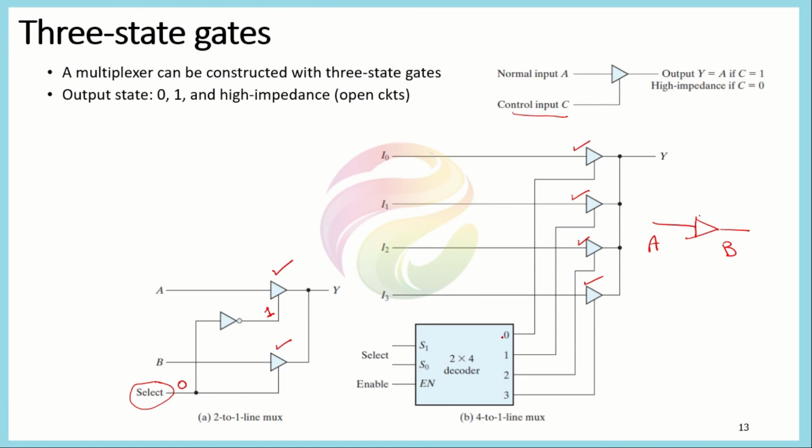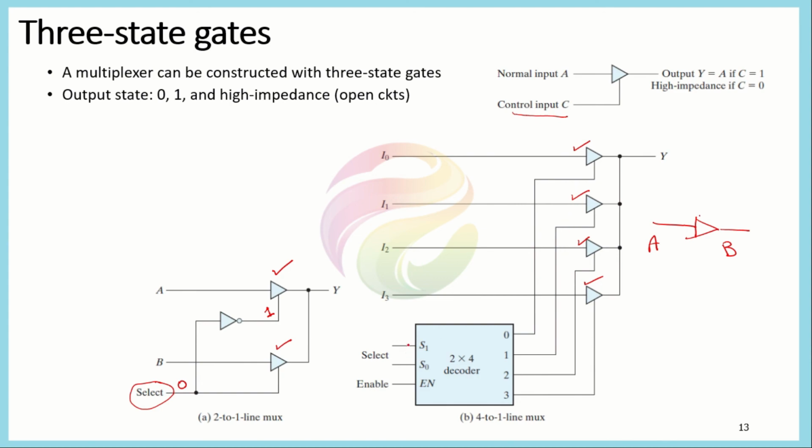In this manner, only one of these four gates is activated at a time, because the control inputs of all these gates are connected to the outputs of this decoder. So this decoder will select only one at a time.